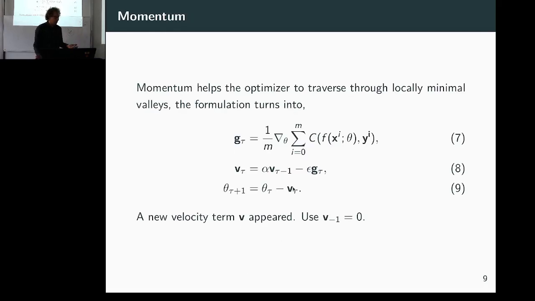Yeah, and then we already saw momentum. This is a classic approach to overcome local minima. And the idea was to introduce this moving average equation here in number 8, where we compute a running mean of some kind of all of the gradients.